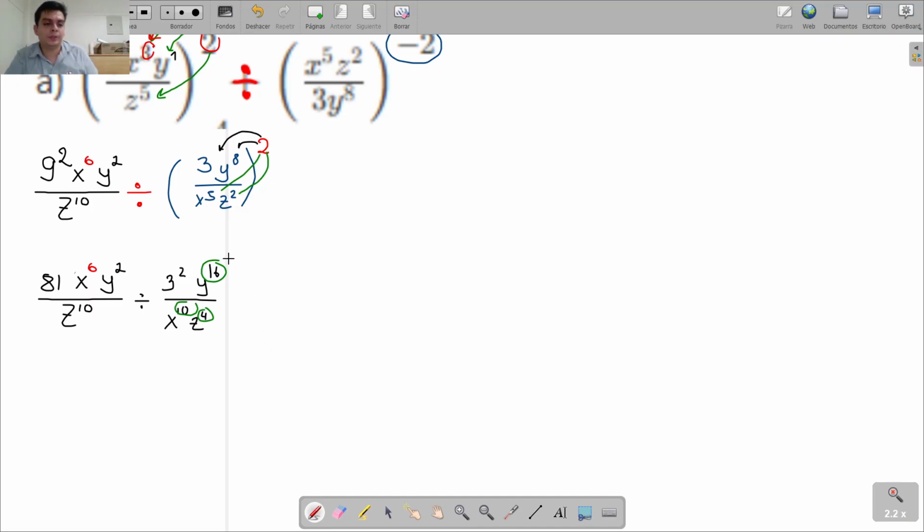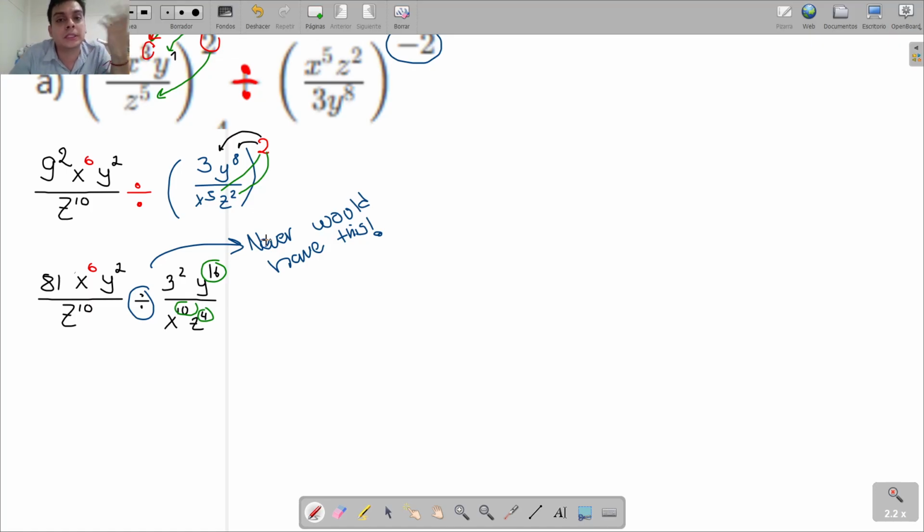What we have to do is, you can see here that you have a division of fractions. You will never use this. Division of fractions is quite complicated to understand.